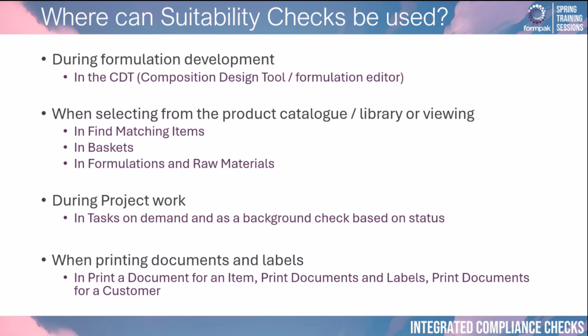And that can be a flag to alert you that something has changed about either the customer's rules or, more typically, the materials that you're using. So it could be that the hazards of something has changed or a regulation has changed. So you can use that integrated suitability check during printing documents and labels to help you stay on top of things in terms of ongoing compliance. So lots of ways to use that.